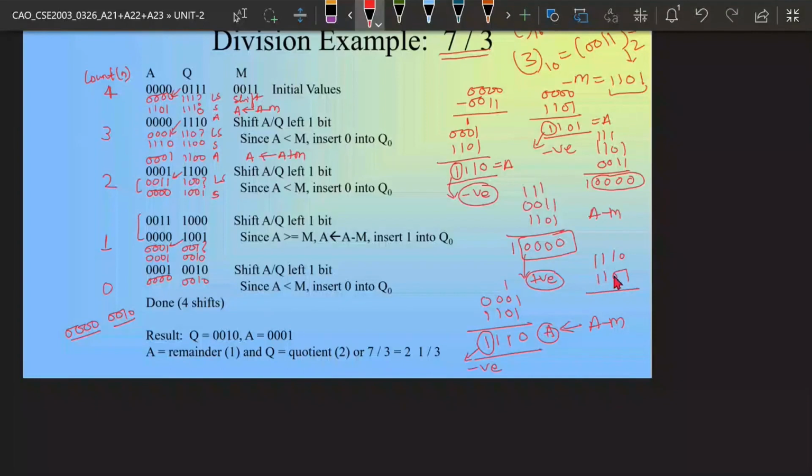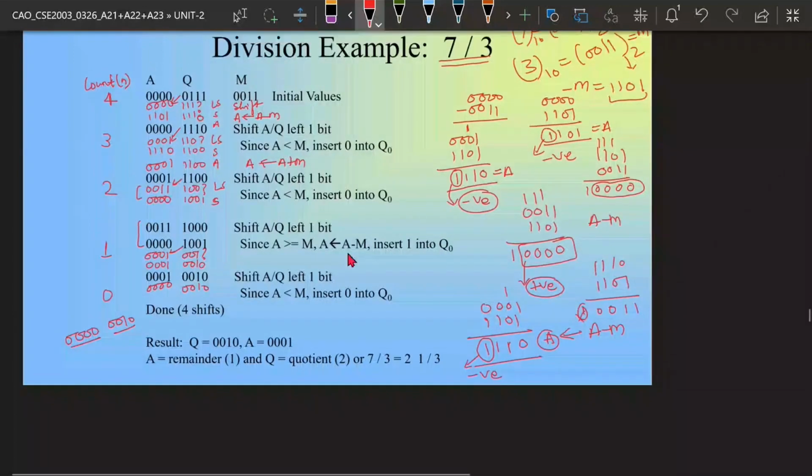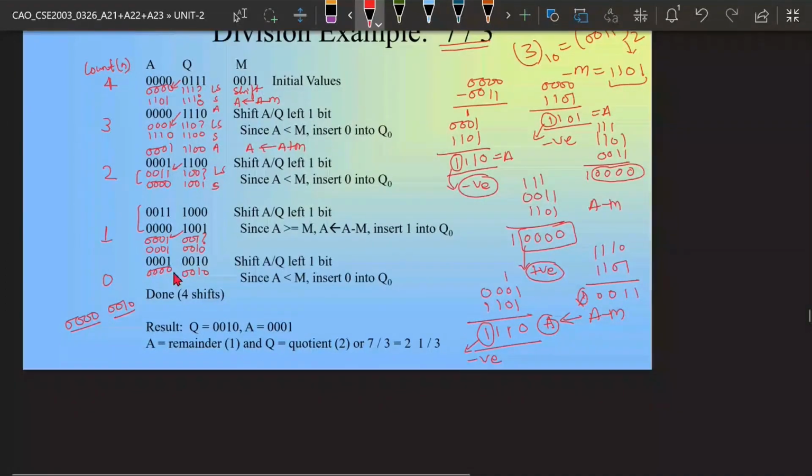So how it is going to make, like, shift A and Q left with 1 bit, since A is greater than M, A should be. So just a minute.